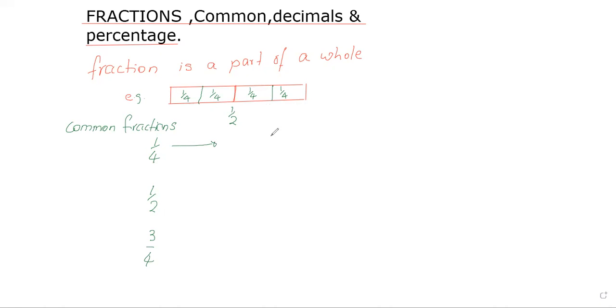Now, common fractions to decimals. Common fraction to a decimal fraction.